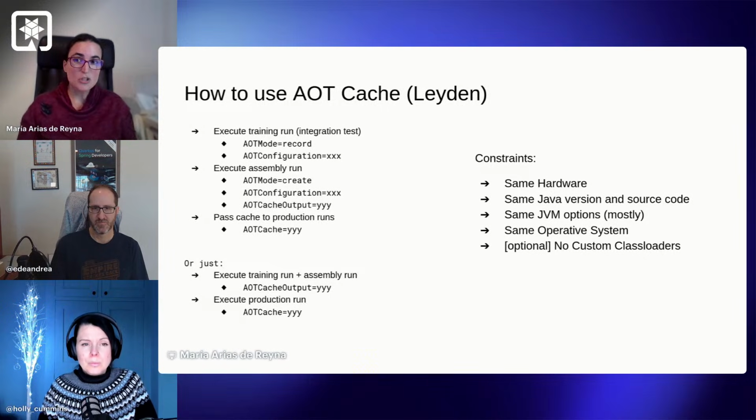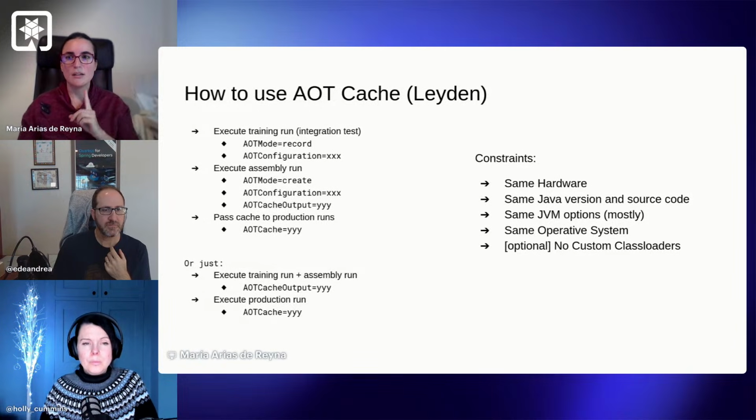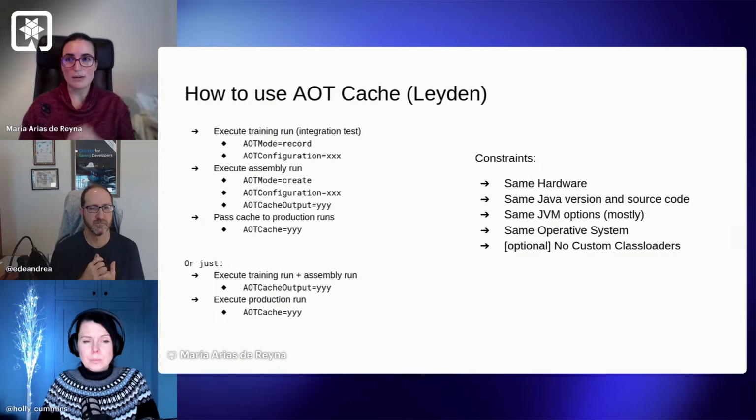The JVM options, there are many that you can change. For example, you can use a different garbage collector. That's something that you couldn't do in JDK 25, but you could do in JDK 26 now, I think. So garbage collector is something that you can change, but do you want to change it? That's the question.